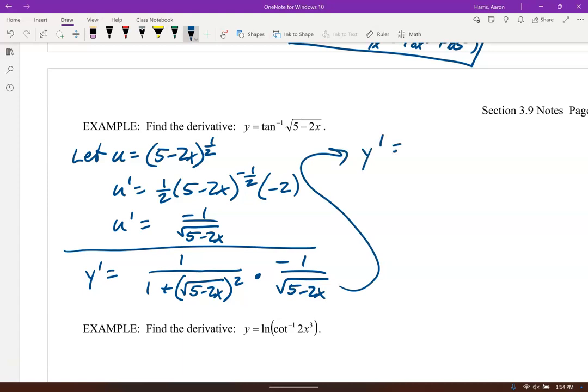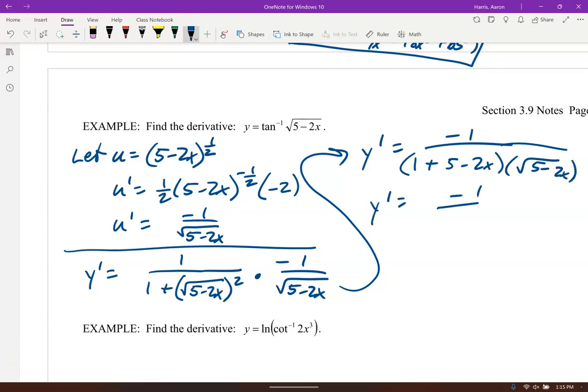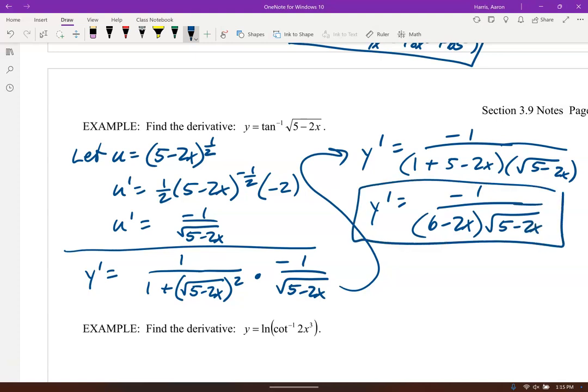So y prime becomes negative 1 over 1 plus square root of 5 minus 2x squared is just a 5 minus 2x. And then you've got this stuff being multiplied by the square root of 5 minus 2x. So y prime just ends up being negative 1 over 6 minus 2x times the square root of 5 minus 2x. And that's the derivative of the arctangent of the square root of 5 minus 2x.